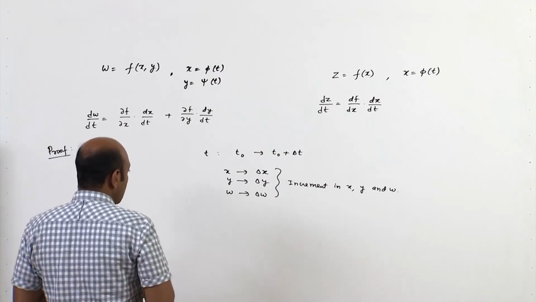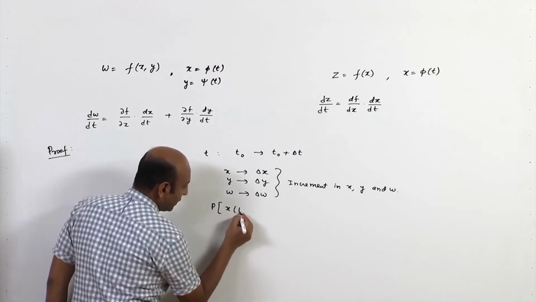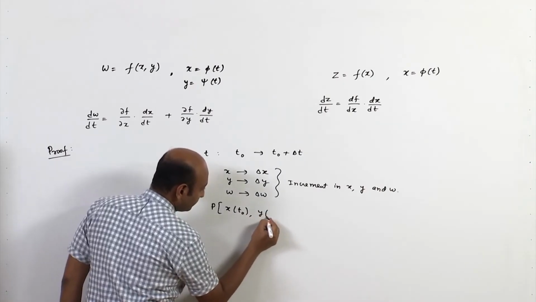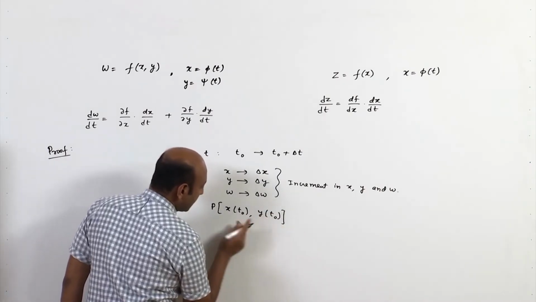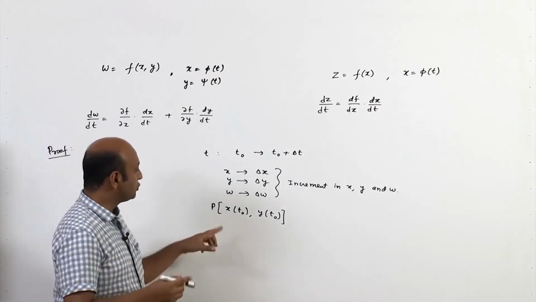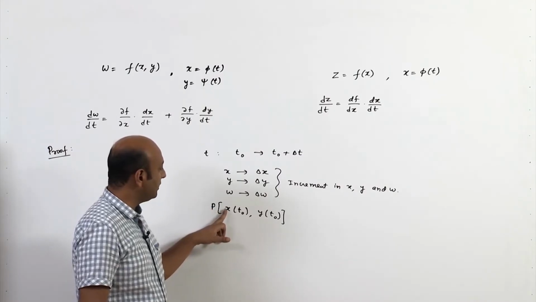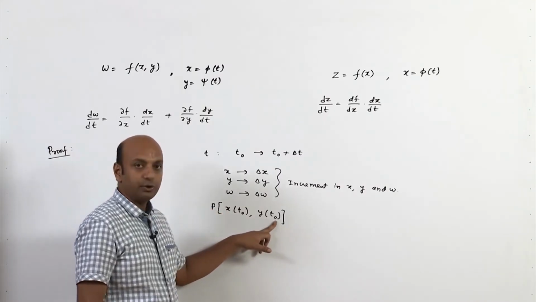Now suppose P is the point x(t naught), y(t naught). Because x and y are both functions of t, at t naught we are assuming that this point is P, given by x at t naught and y at t naught.